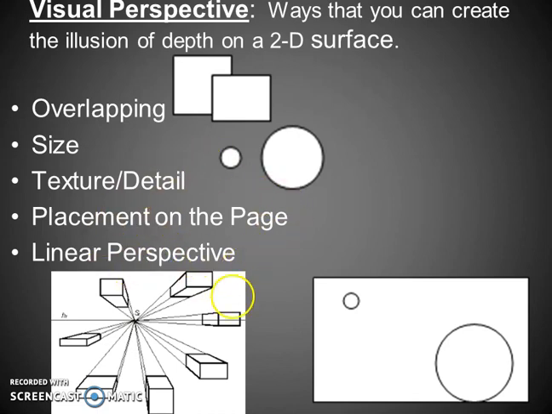Placement on the page can also work along with size change. As you can see down here, something that is lower in the foreground tends to be larger. The higher up you go in the background, it tends to be smaller. And then linear perspective. This might come into play with some sort of background that you decide to do, or the objects that you select.